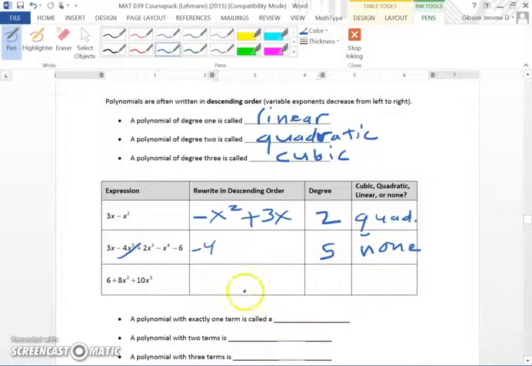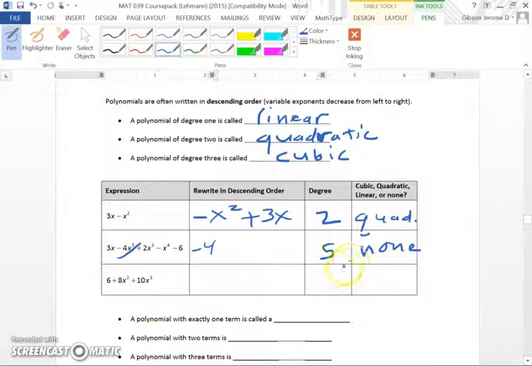Okay, now we come down here to this third value. Writing this in descending order, we know the 10x cubed will go first, then plus 8x squared plus 6. So it'll be 10x cubed plus 8x squared plus 6.